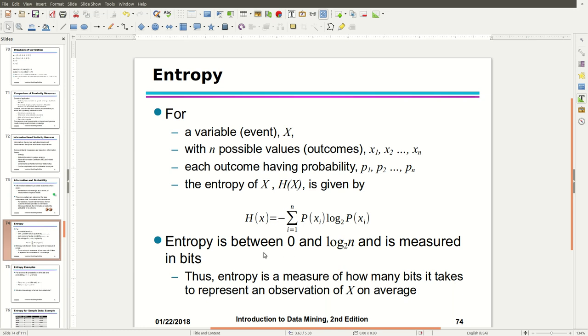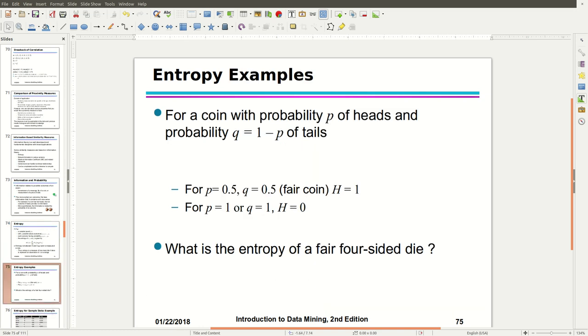So the entropy can be 0 or log 2 n at its max, which can be measured in bits, because we are talking about information theory. Thus, the entropy is a measure of how many bits it takes to represent an observation on x on average. So I'll give you an example.